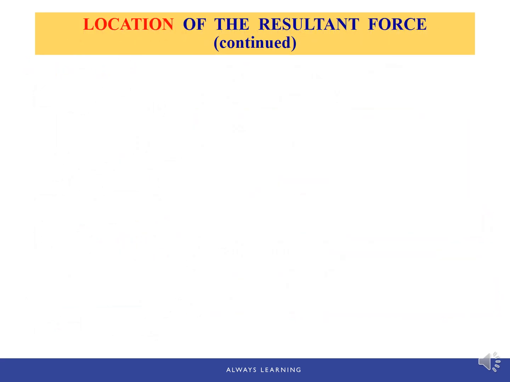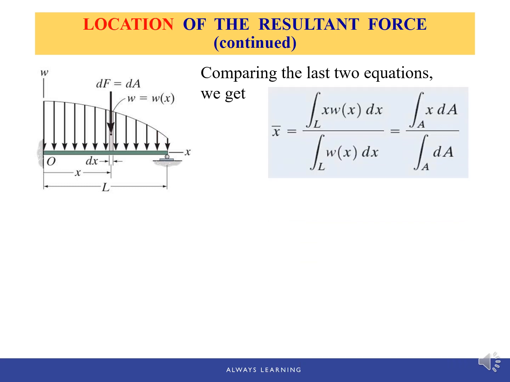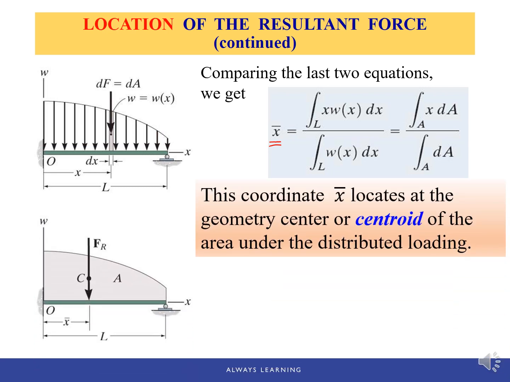After equating those two equations, equation 1 and equation 2, the moment about point O, we can get this relation, or we can figure out the location of this single concentrated load, where we use x bar as the location of this concentrated load, and it equals the integral of x times w(x) dx, which is the moment about point O from the distributed load, divided by FR, the force.